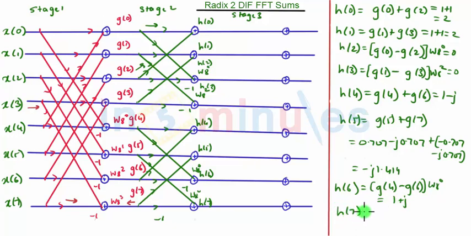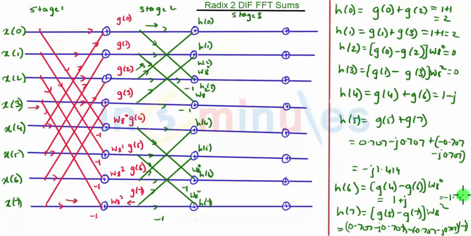H of 7 is equal to g of 5 minus g of 7 multiplied by w raised to 2, that will be 0.707 minus j 0.707 minus 0.707 minus j 0.707, and again multiplied by minus j. The answer comes out to be minus 1.414 multiplied by j. So we have computed stage 2.